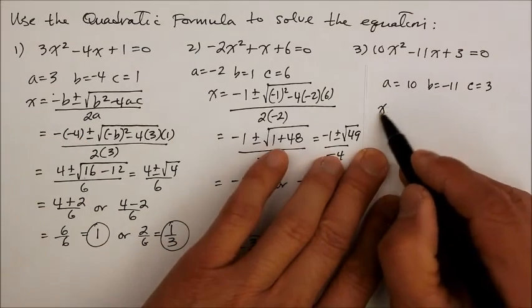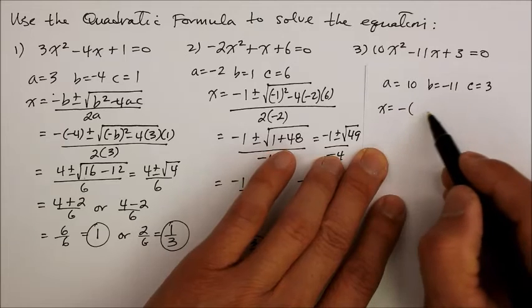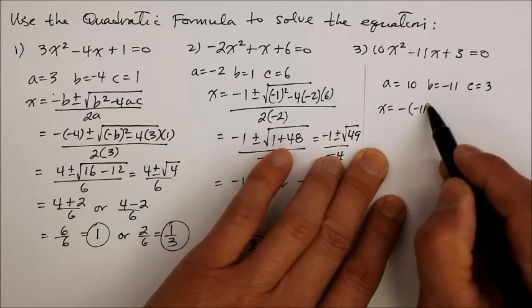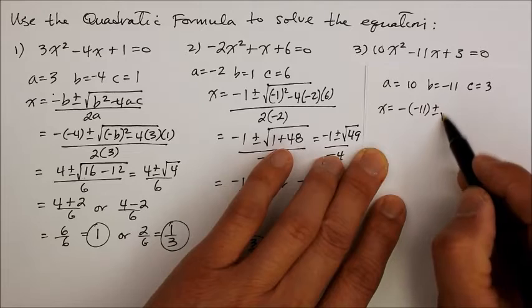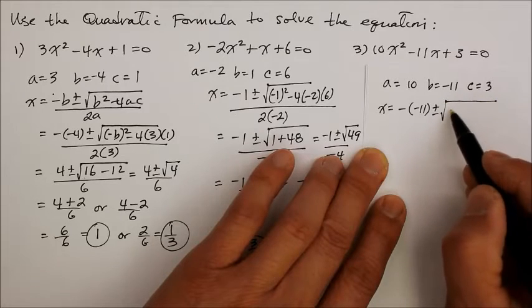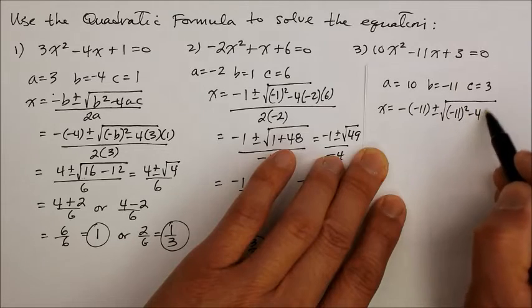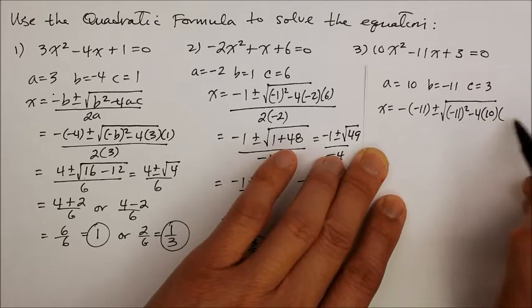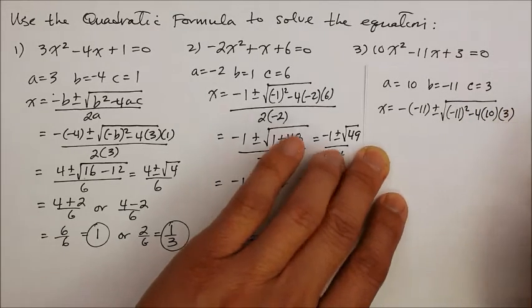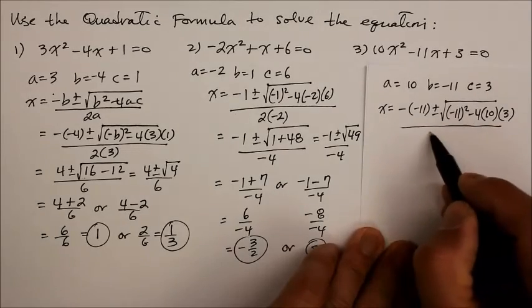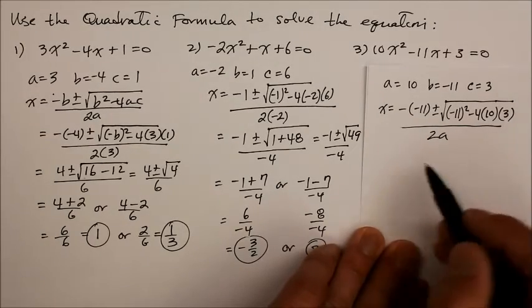So we have x is equal to negative b, but b is negative 11, that's going to become a positive, plus or minus the square root of b, which is negative 11 squared, minus 4 times a, which is 10, times c, which is 3. And then we start evaluating.